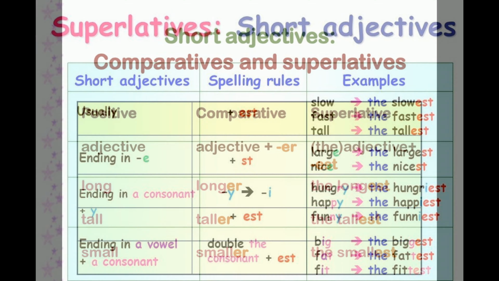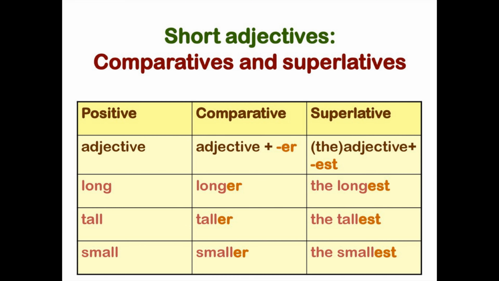Did you understand comparative and superlative? Comparative, we add er to the adjective plus than. But superlative, we add est and write the before the adjective.